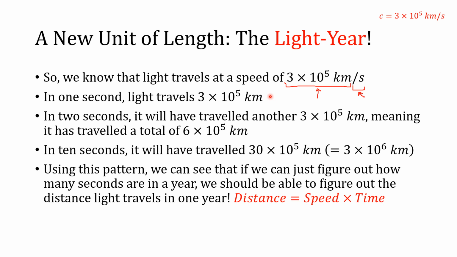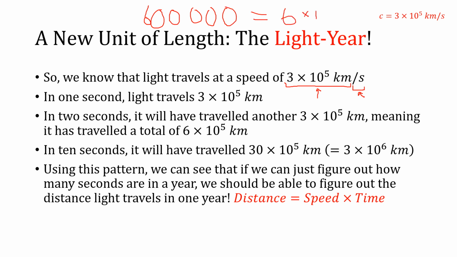Cool. In 2 seconds, well, that means it traveled 300,000 kilometers the first second, and then it'll travel another 300,000 kilometers in the second second. So it's traveled a total of 600,000 kilometers. And we can remember that 600,000 looks like this, a 6 followed by 5 zeros.